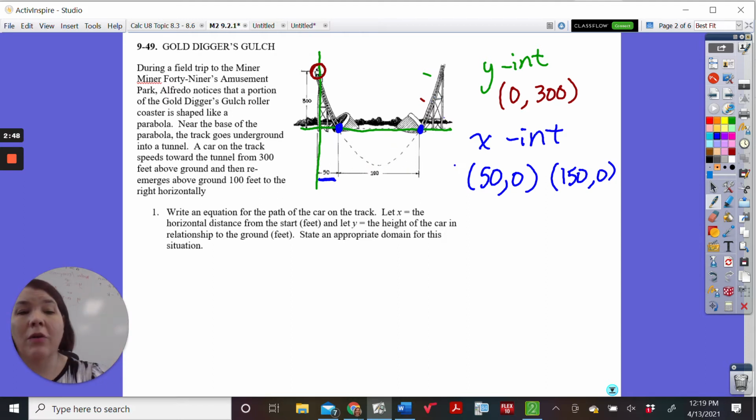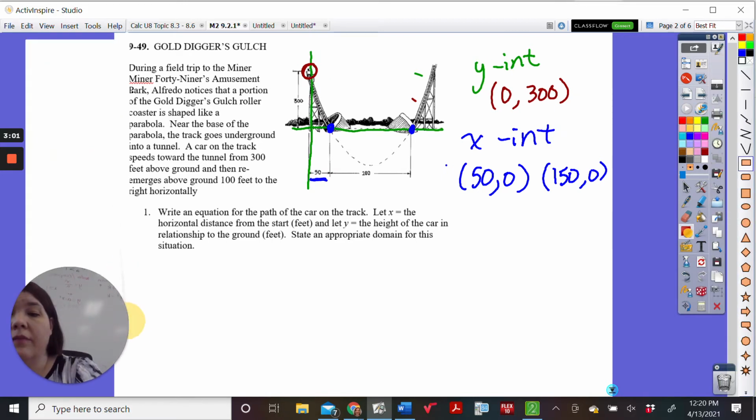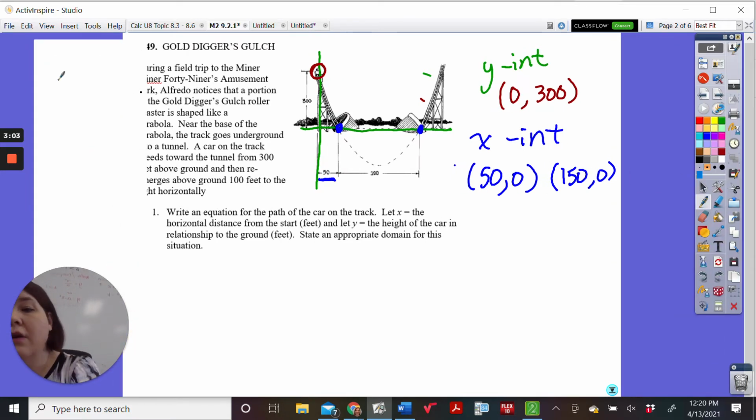Now that we know our two x-intercepts, we're going to use these to write the equation for the path of the car on the track. We have several different ways to write equations that we've learned in the past. I'm going to list them over here. We've got y equals ax squared plus bx plus c.